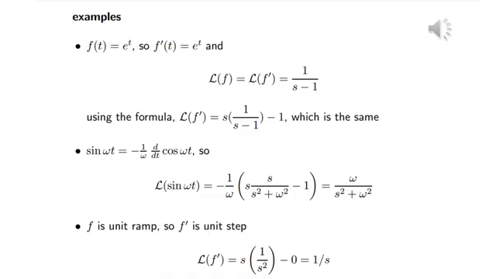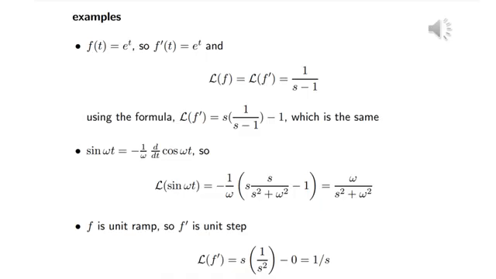Similarly, if sine of omega t is equivalent to 1 over omega times the derivative of cos omega t with a negative sign, then the Laplace transform of sin omega t will be equivalent to 1 minus 1 over omega, and the first s is from the formula where F(s), for cos omega t, is s over s squared plus omega squared, and minus 1 is from the time domain function value, which is 1.